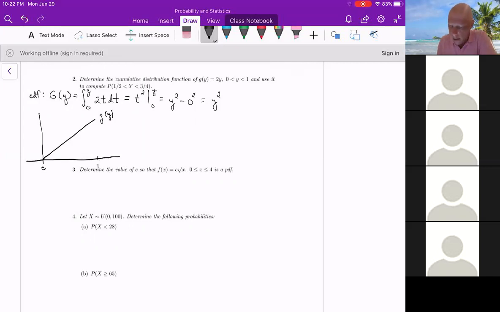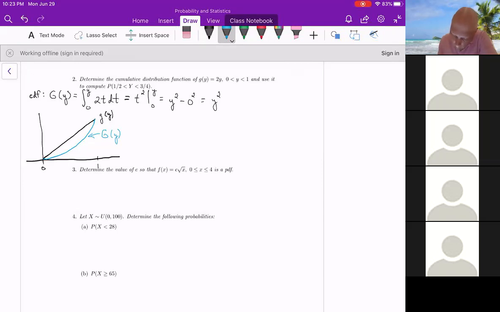And then our CDF is y squared, which is this. Those are our two functions that we're working with. And what I want to know is the probability that y is between 1/2 and 3/4.